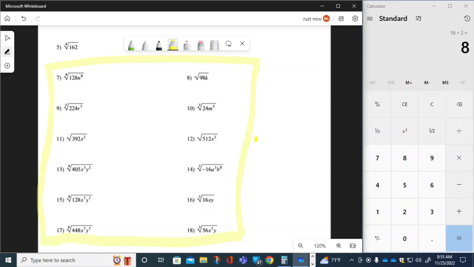So you've got to do this part, from 7 to 18. Let me write it up in here. Exercises from 7 to 18. Okay? That's 12 exercises. All right?